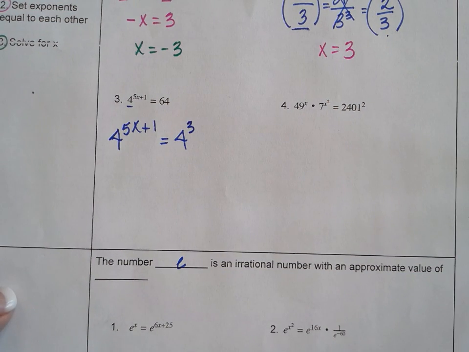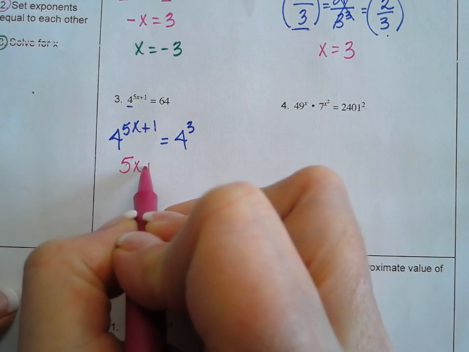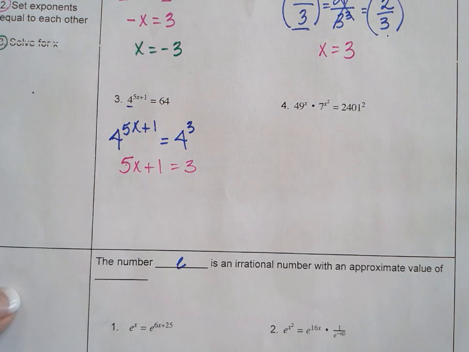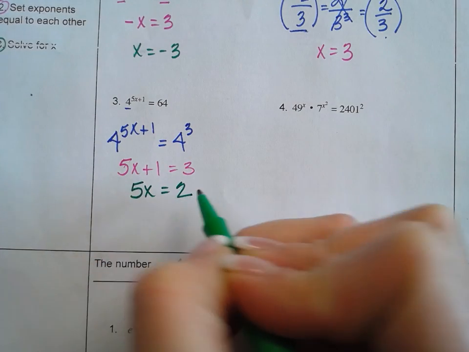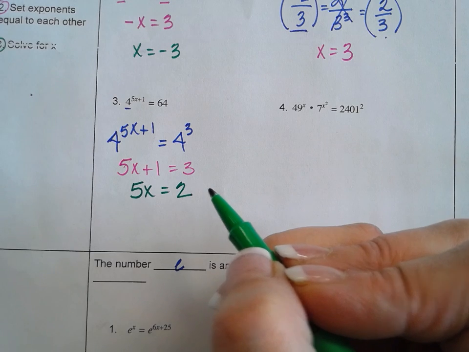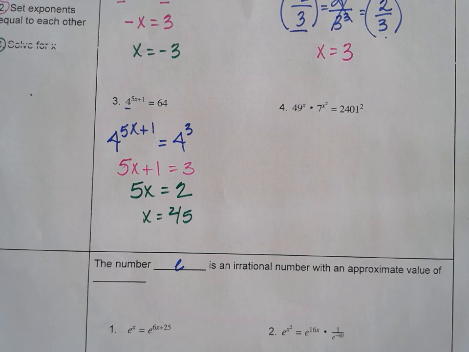All right, so now I can set my exponents equal to each other. And then I can just solve for x. So 5x is going to be 2. And so x is 2/5. Good so far?